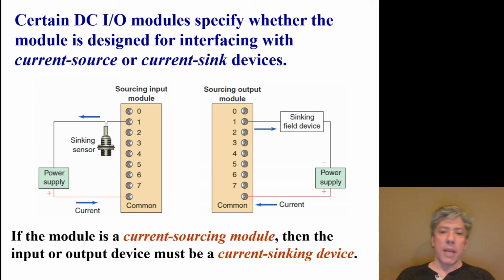With the output example here, the output is a sourcing output, and the reason it's sourcing is because it has a permanent connection to the positive side of the power supply, whereas the field device, whether it's a lamp or a motor coil or whatever it may be, always has connection to the negative side of the power supply, or the return path. And so it is considered a sinking field device.